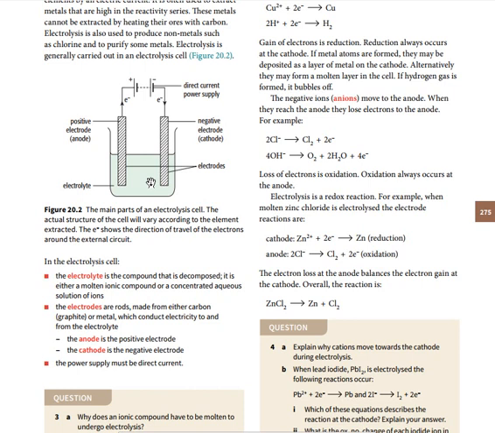The next point after this is which one is going to be preferred between the two. Between sodium ion and hydrogen ion, which one is going to be preferentially reduced, and which one is going to be preferentially oxidized at the respective cathode and anode?